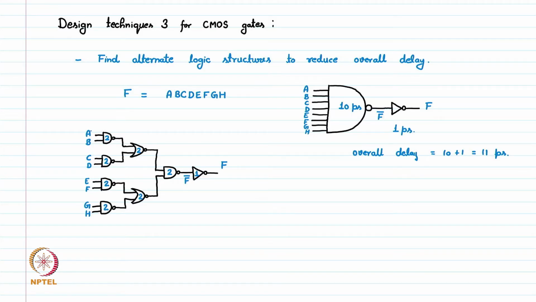If we see any path from the input to output, what is the overall delay? Let's say from A to F we calculate. First the signal will go here. This is 2 picosecond delay. Then further here it's 2 picosecond delay. Then further here 2 picosecond delay, and then 1 picosecond.